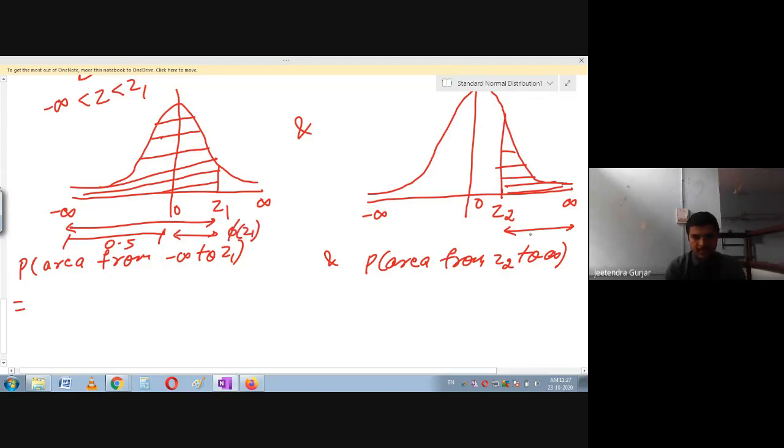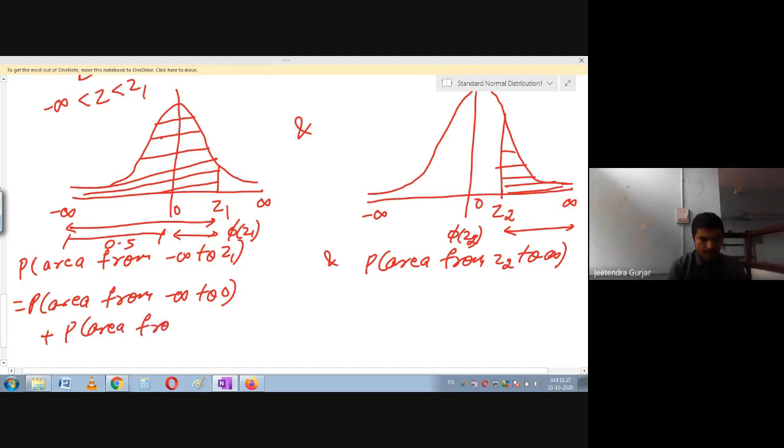Similarly, this value I know, so what I will do is take the area from 0 to infinity and subtract the area from 0 to z2, and that I will call phi of z2. So here I'm going to take the area from minus infinity to 0 plus the area from 0 to z1. I think this is clear.